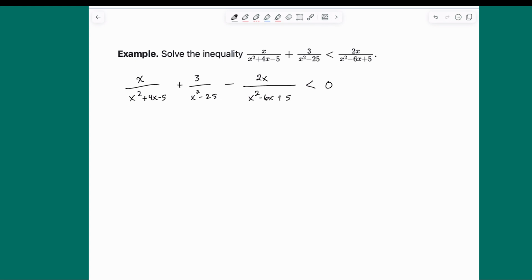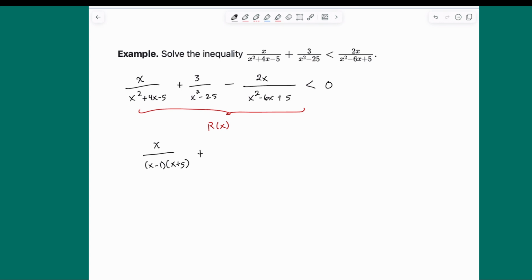All right, now we can identify the critical values that make the rational expression undefined. In other words, our related rational expression, r of x, this whole quantity there, is undefined, so we probably want to factor the denominators. I'm going to rewrite this as x over x minus 1 times x plus 5. That's how x squared plus 4x minus 5 factors.